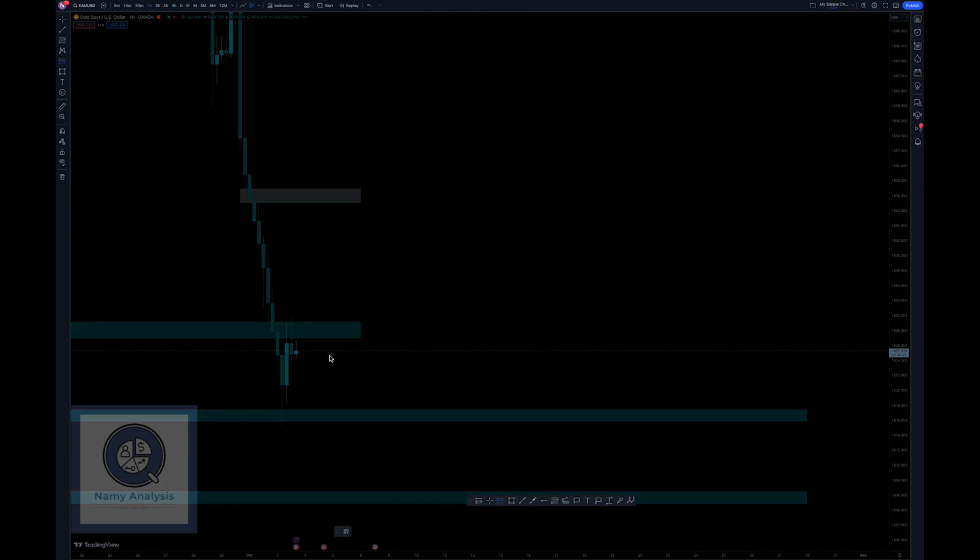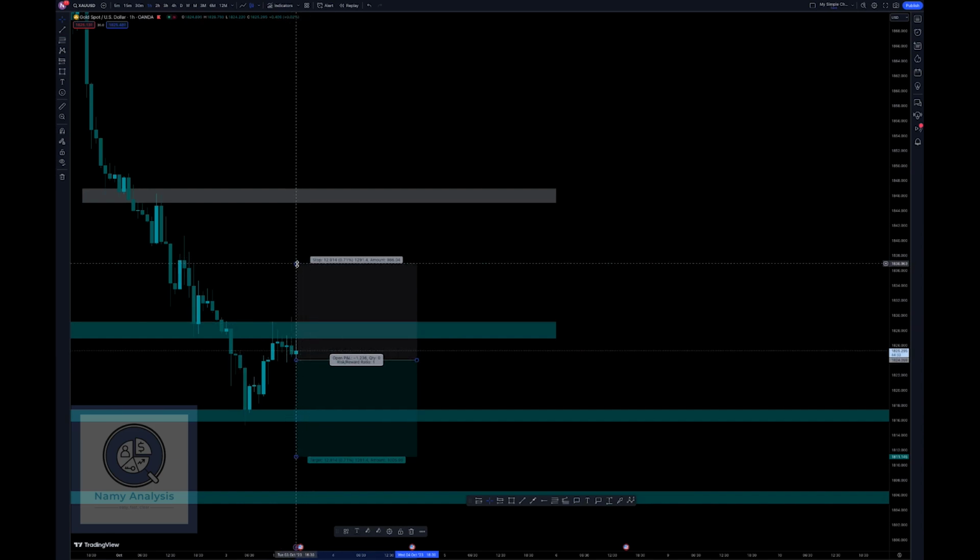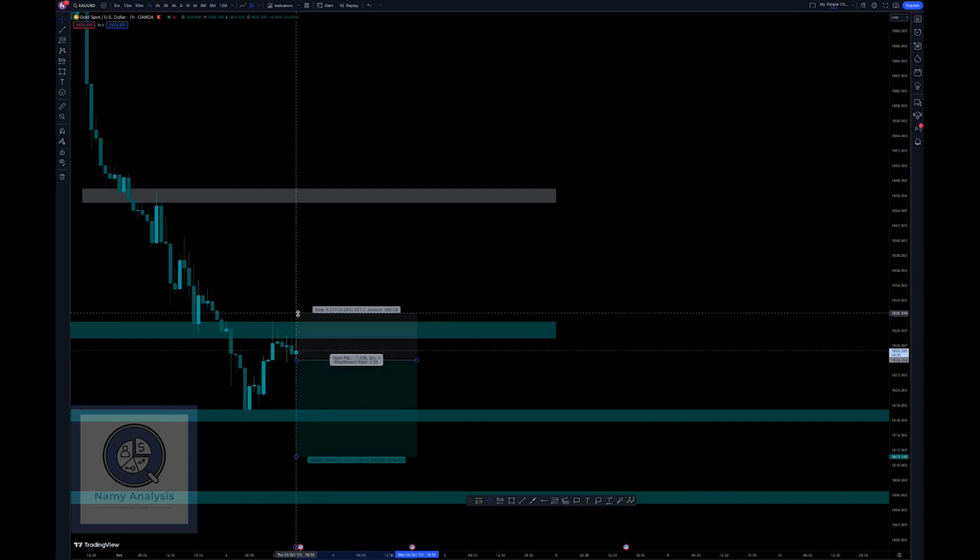If this area here, this support, is going to break, I'm going to enter my trade as long as this candle breaks its own low. My stop loss is going to be here and my TP is going to be here.